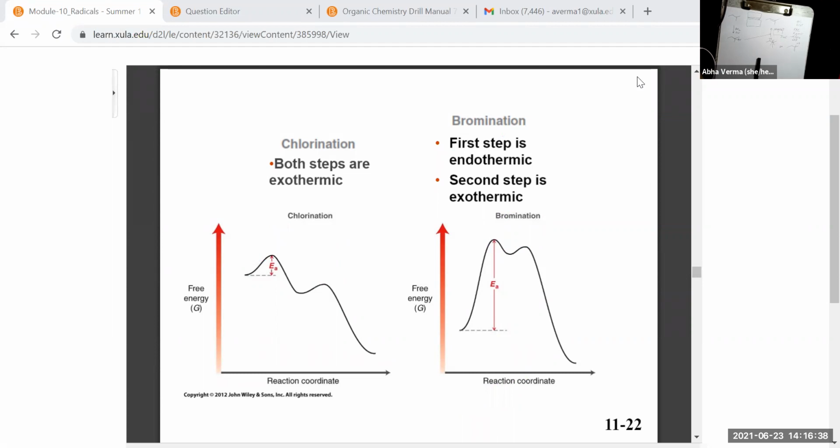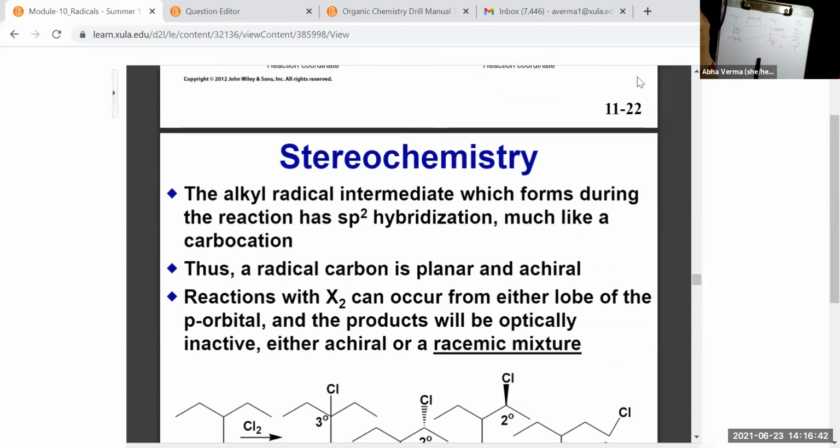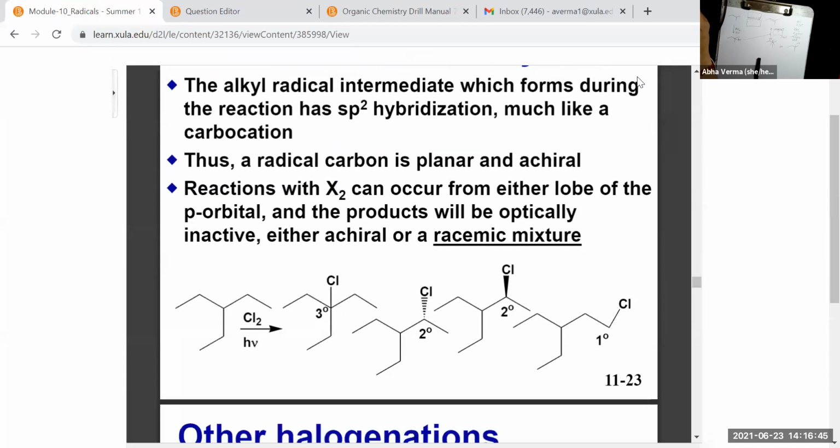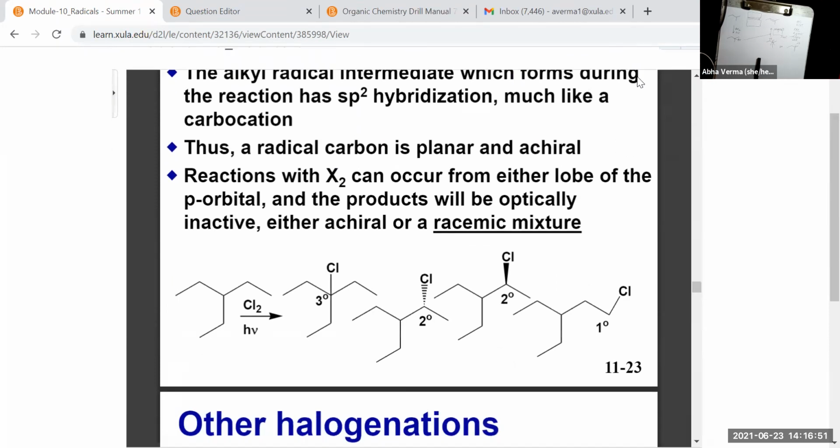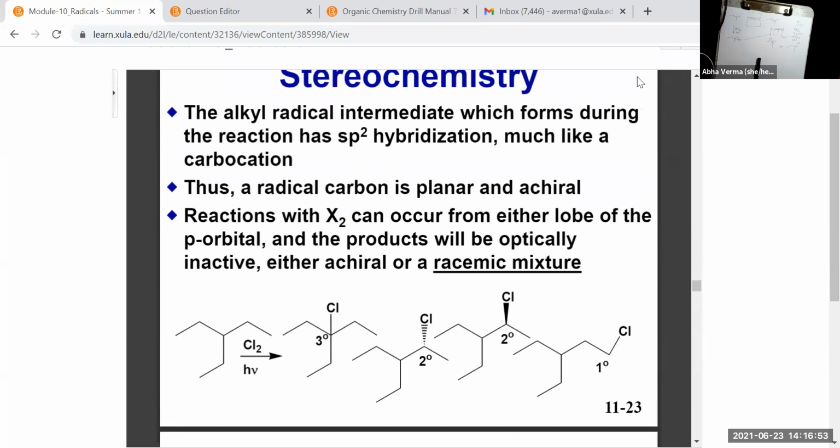Overall, the fact is chlorinations are not synthetically selective. You have to be careful. Don't use chlorinations when you're doing halogenations of your alkanes. Also remember your stereochemistry. Racemic mixtures will happen with chlorinations and brominations.